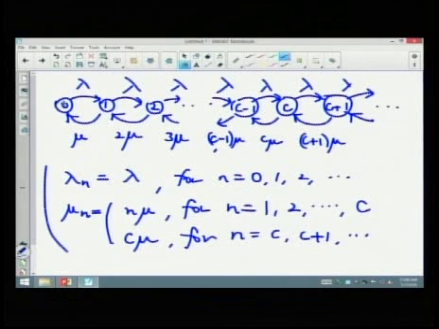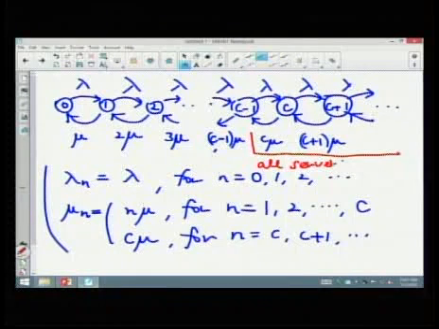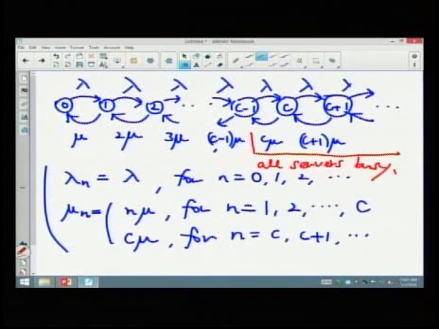So this is the main difference between the M/M/1 model and the M/M/C model. Of course, if you look at this carefully, only this portion, all the servers are busy. Right?